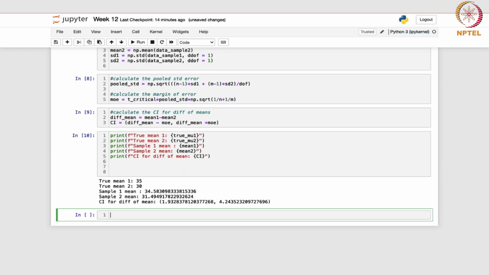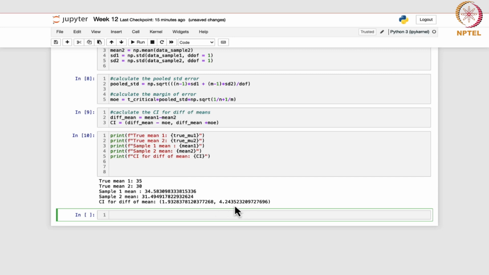So what you can see from here is that your mu1 was 35, mu2 was 30, the sample mean came out as 34.5, and for the second sample it came out as 31.5 approximately, and the confidence interval we have obtained is 1.93 to 4.24.